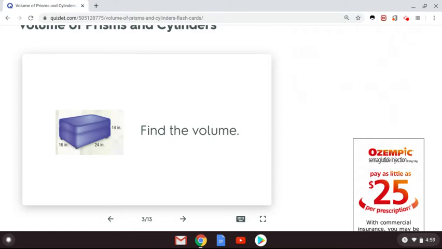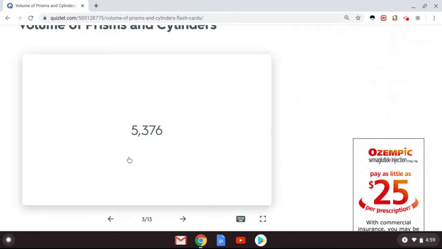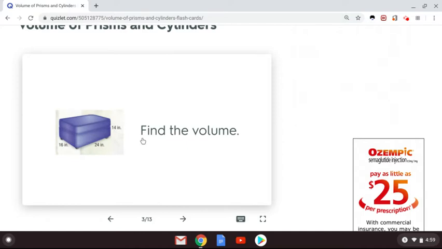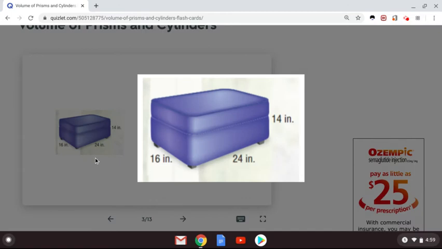Now, one thing that I wish I could have incorporated, or the set could have incorporated itself actually, was the units. Here they only wrote 5376, but technically that would be incorrect because you did not tell me what units you're using. So in the test or in the quiz, for the number itself you would get it partially correct.